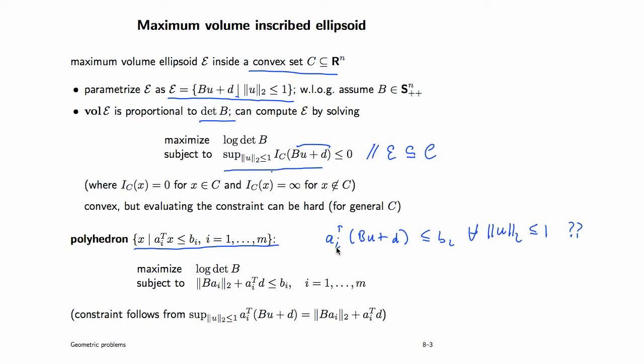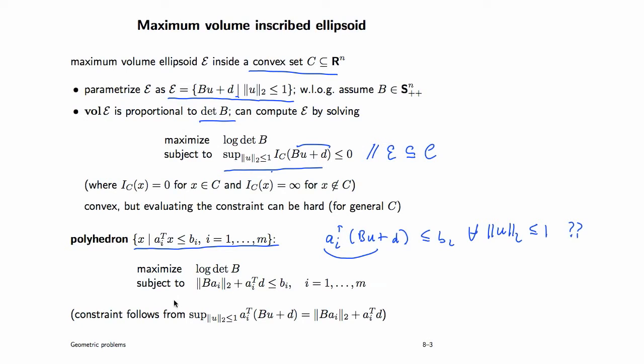You have a_i transpose d, that comes out fine. And then you need to calculate, what's the largest possible value of that? That's easy. That's the converse Cauchy-Schwarz inequality, because you have something which is B a_i, and you take an inner product of B a_i with a vector u whose norm is less than 1, and you want the maximum value of that, and the answer is the norm of B a_i. That's Cauchy-Schwarz, or the converse of Cauchy-Schwarz.